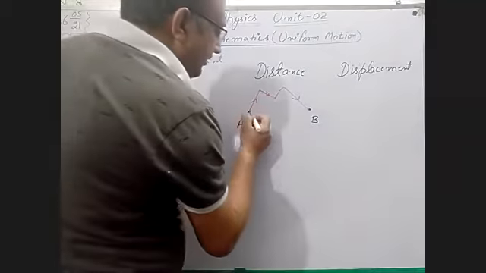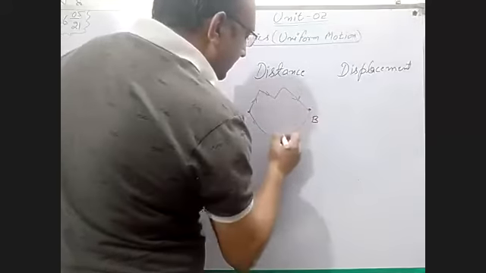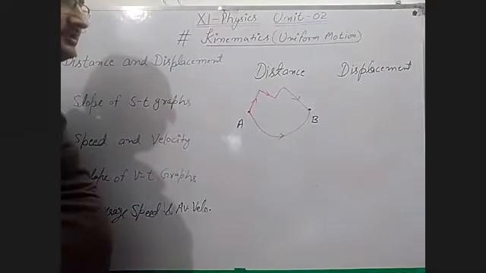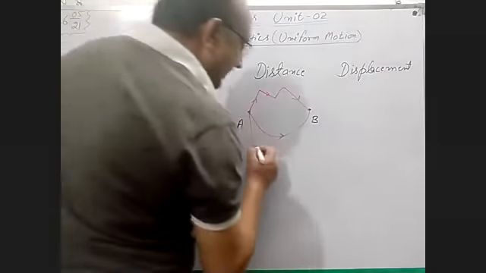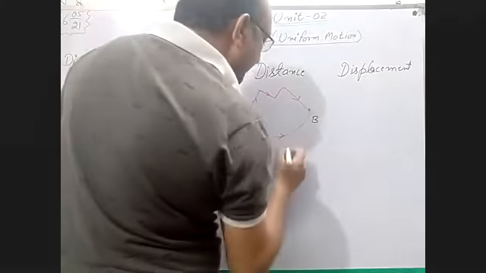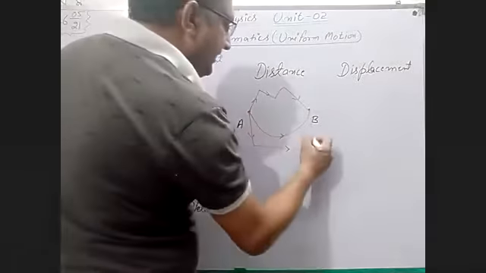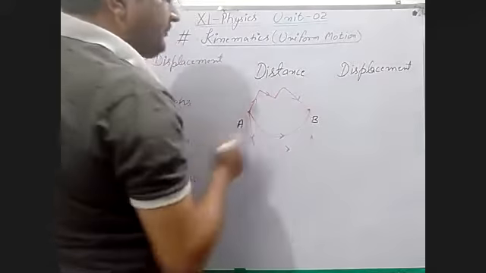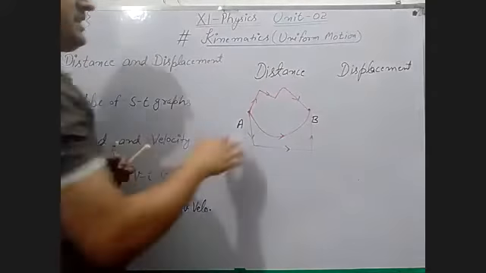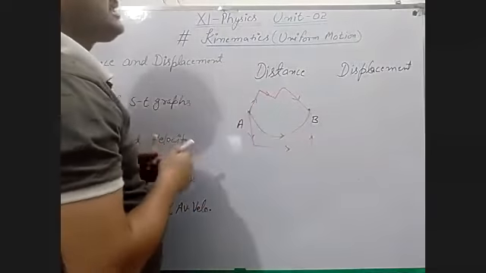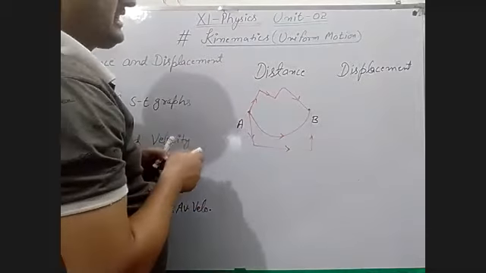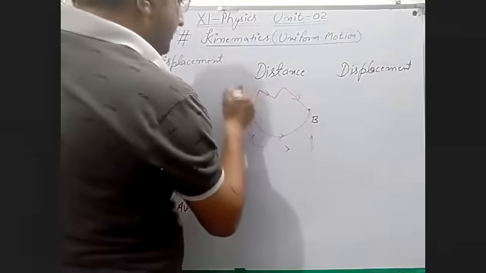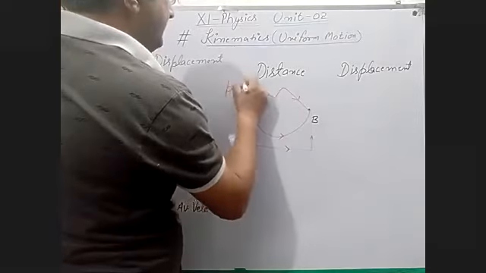Maybe this path I can take in this situation also. Maybe rectangular. In this way, I want to cover this path A to B. All these have no fixed direction, and all these are the path covered by the object.